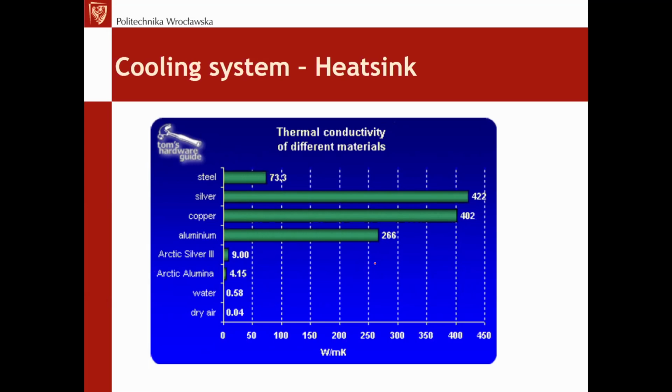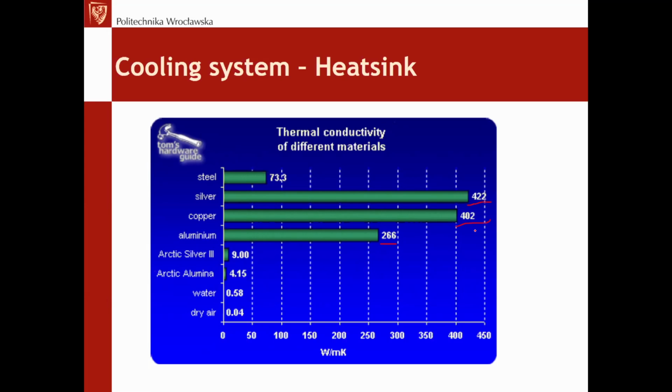Okay, so this chart shows why aluminium is the major material used for the heat sinks. This is the thermal conductivity of aluminium, which is 266 watts per meter per Kelvin. Of course, it's worse than copper and silver, but the price of copper is much higher.